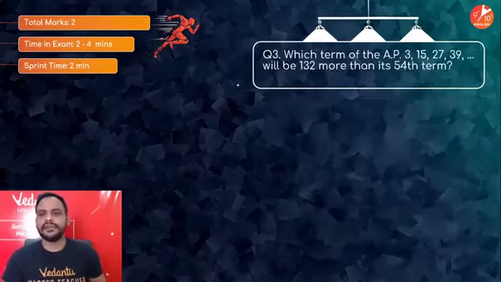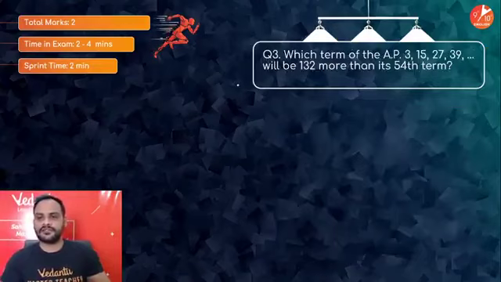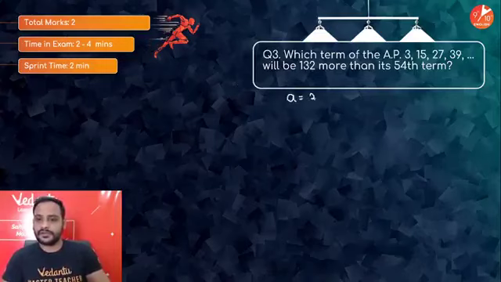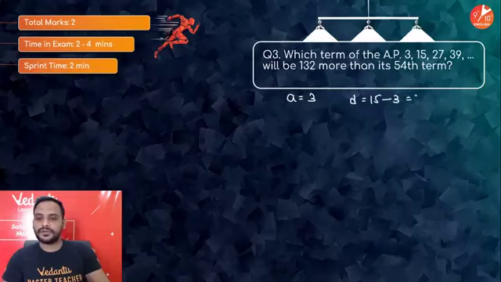The next question is this: which term of the AP 3, 15, 27, 39 will be 132 more than its 54th term? So they are saying which term of this AP. For this AP, always first write the first term is equal to 3, common difference is equal to 15 minus 3, which is equal to 12. So which term of this AP will be 132 more than the 54th term? I don't know which term.